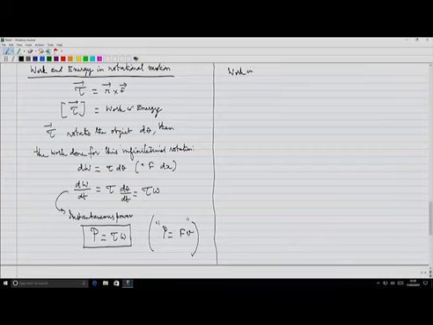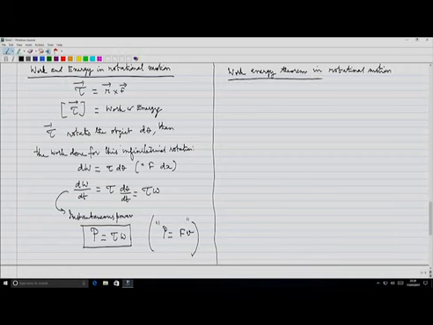Work energy theorem in rotational motion.